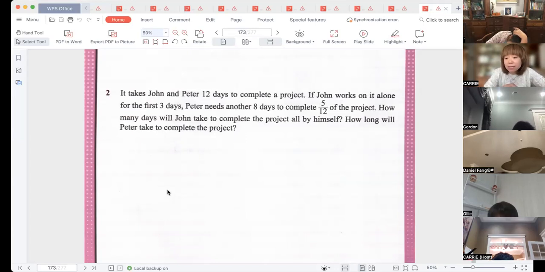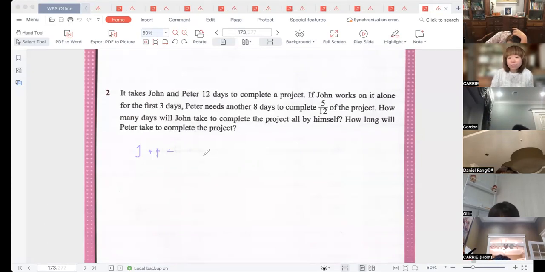After you read this sentence, Margaret, can you tell me, every day they can finish what fraction of the whole job? You can think about it. If one job is considered as 1, and we finish together in 3 days, that means every day we finish 1/3 of the project, correct?